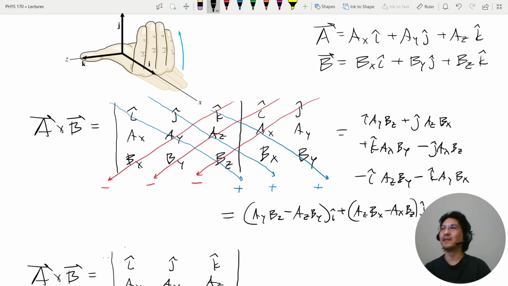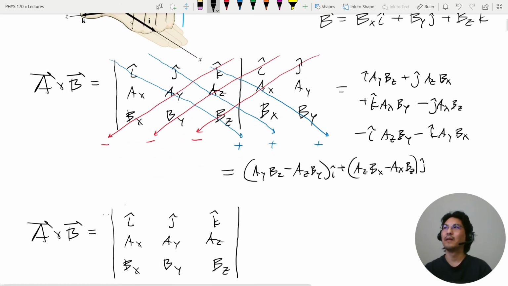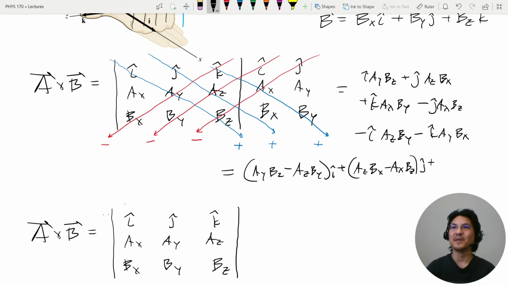And in the K direction, this one and this one, AXBY minus AYBX. Okay, so that's one way to do it.